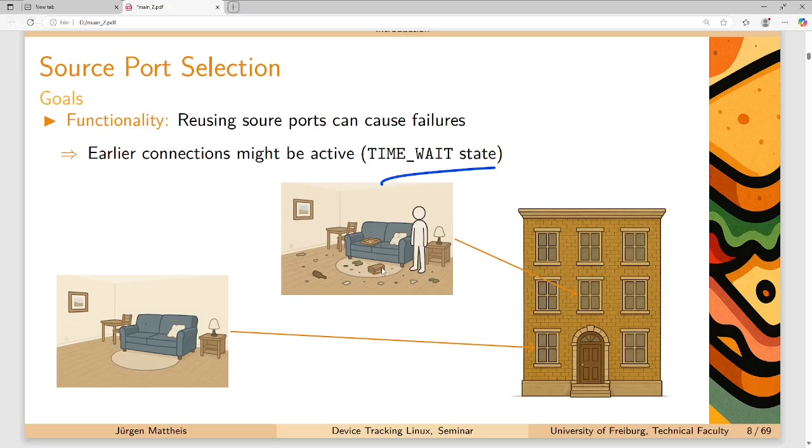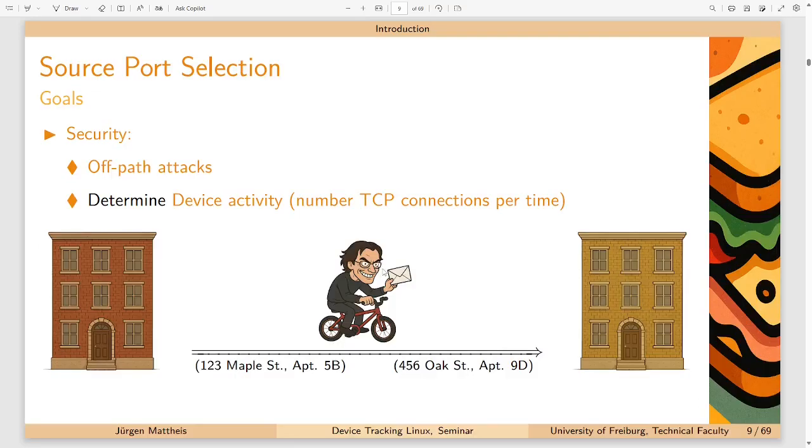The second goal is security, because there are off-path attacks, and it's also possible to determine your device activity. Off-path attacks are, for example, when your source port is too easy to guess, so an attacker must only guess the TCP sequence number and might be able to hijack your TCP connection.